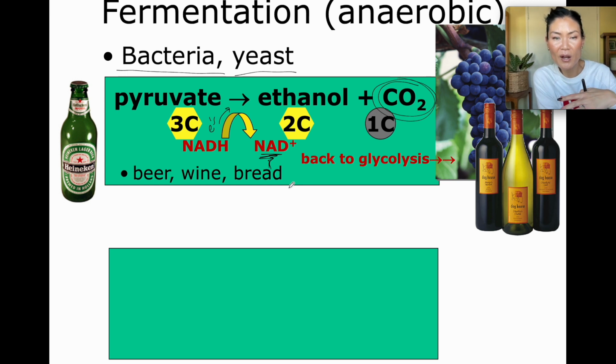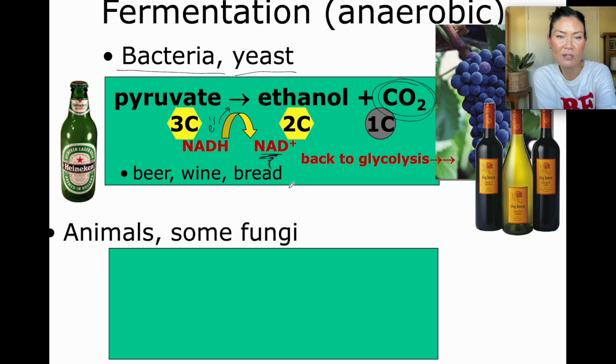When the bread rises as you are making bread, I've never made bread before, but I know you have to let the bread rise, the yeast is breaking down the sugars in the dough. That CO2 is being released, and it's the gas that's causing the bread to rise. And when you bake the bread, it's the little air pockets that you see.